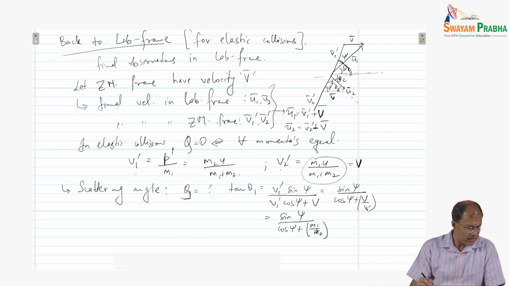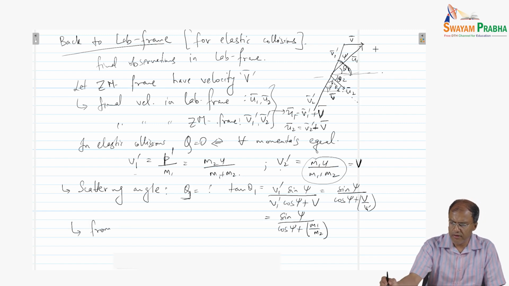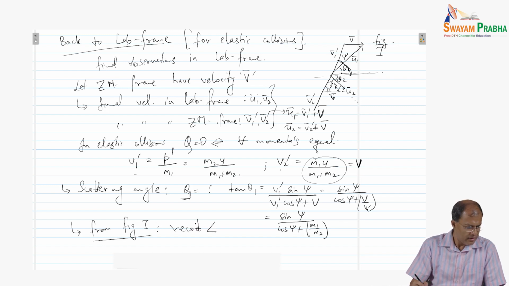Okay, so from geometry, let's call this figure 1. From figure 1 we see that the recoil angle can be found similarly. The recoil angle theta 2 is pi by 2 minus psi by 2, right?